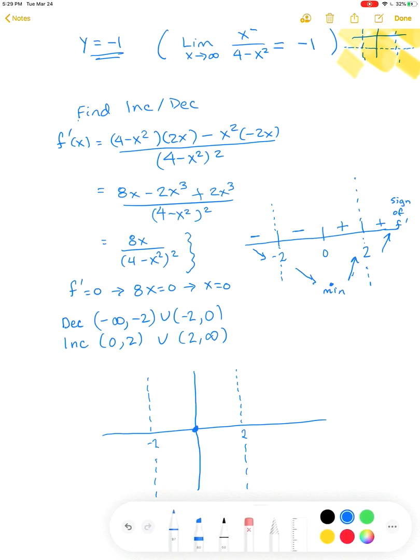And now I'm going to draw in here in a different color. I've got to decrease, but I have to have my vertical asymptote. I guess I better put my horizontal asymptote in here. The horizontal asymptote was at -1.